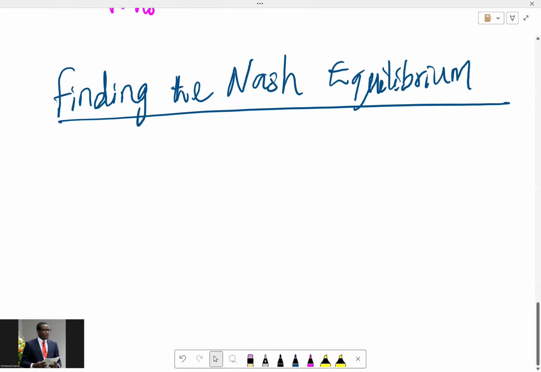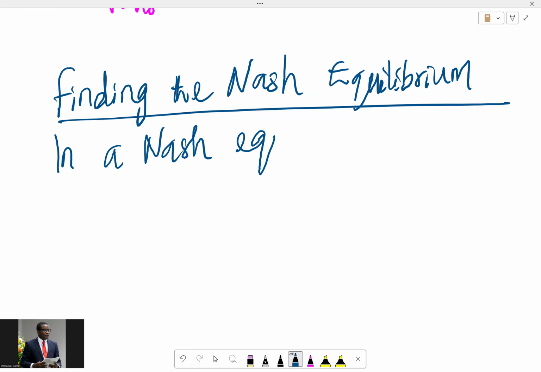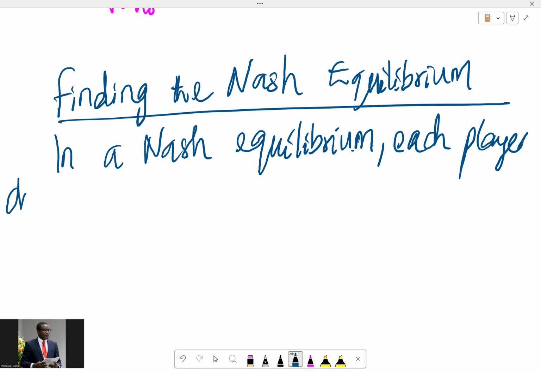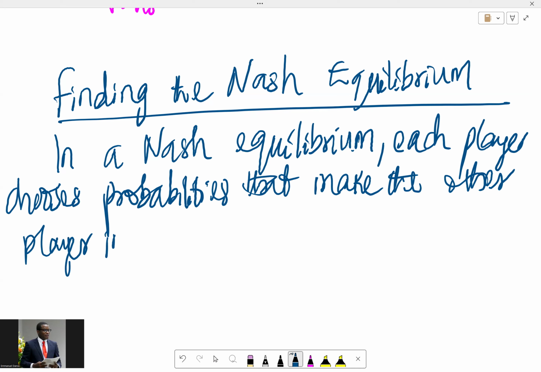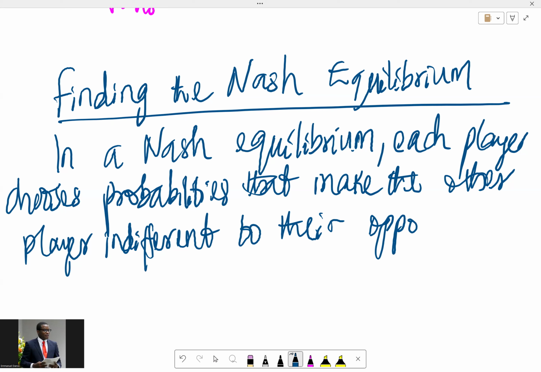In this case, again, we remind ourselves that in a Nash equilibrium, each player chooses probabilities that make the other player indifferent to their options, just like we also saw for rock, paper, scissors.